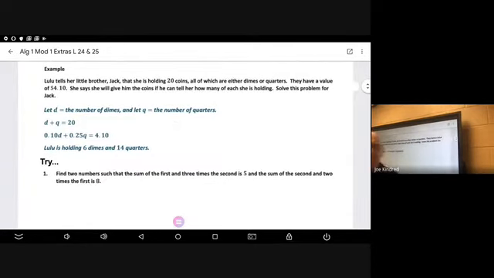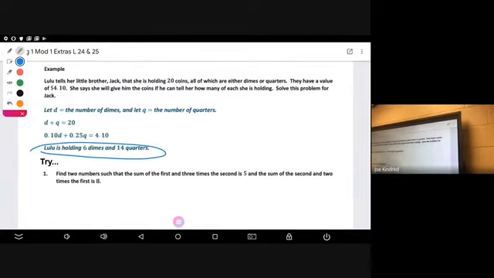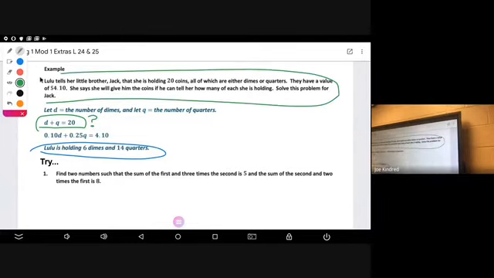In this example, I want you to pay particularly close attention. We're not going to show you the solution. We get 6 and 14, but pay particularly close attention to how they got that from this, and how they get this equation from that.